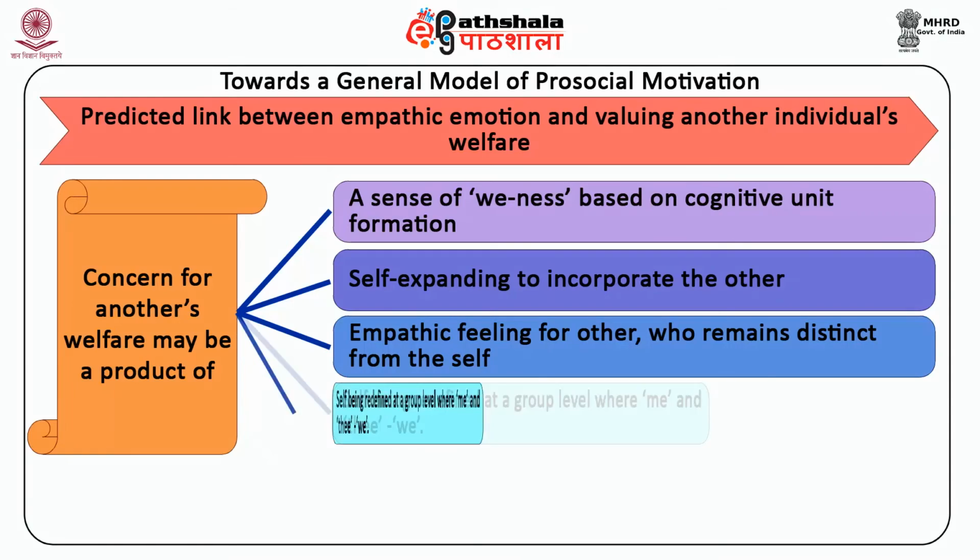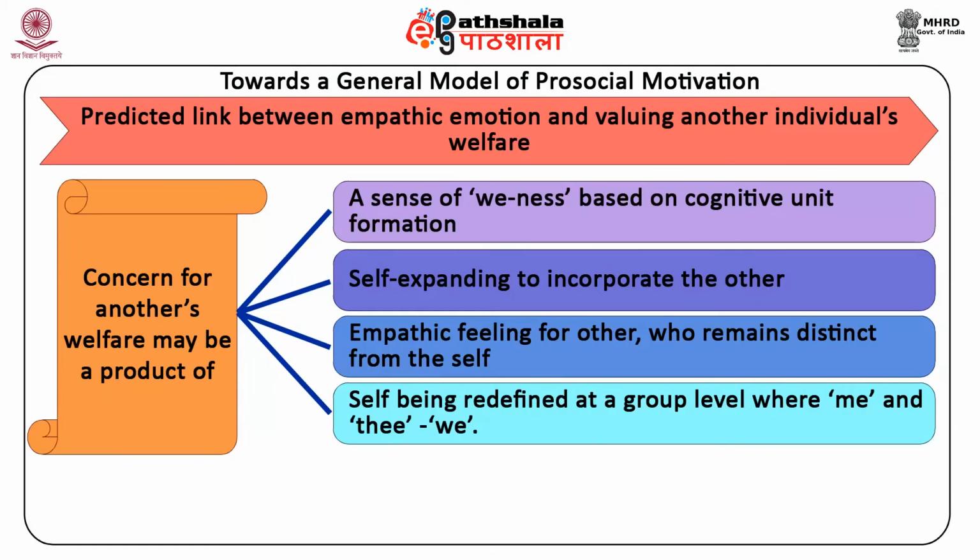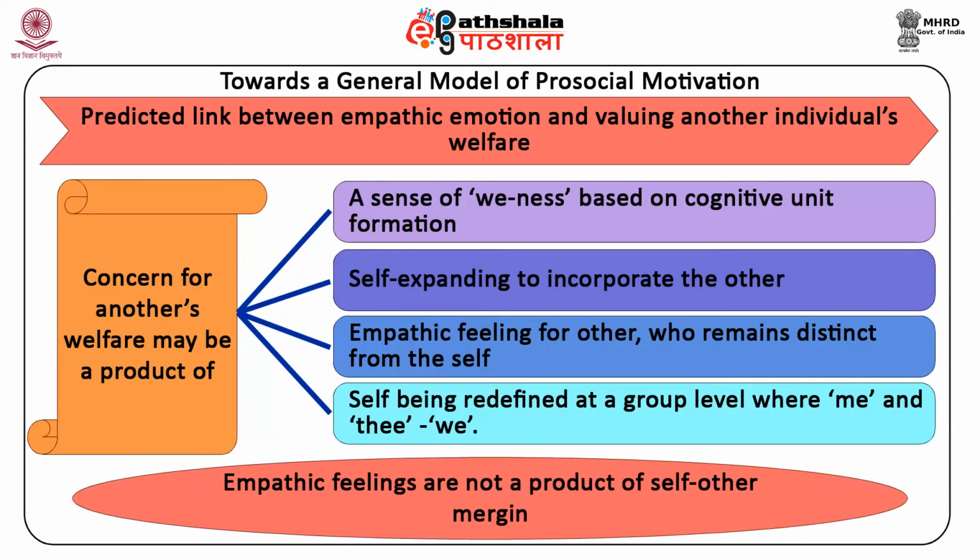D. The self being redefined at a group level, where me and thee become interchangeable parts of a self that is we. But not all of these proposals can stand true at one time. What can be concluded is that empathic feelings are not a product of self-other merging. How one's self-concept affects caring for people, groups, and principles is not, as of now, well understood.